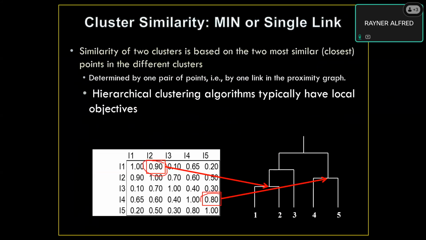We can have proximity or similarity, but in this example, we use similarity. If the value is one, that means higher is better. So this is a similarity matrix. A proximity matrix is distance based, so the distance for proximity will be 0. For this one, we take the maximum one. So we combine them, and then the second one and so on.